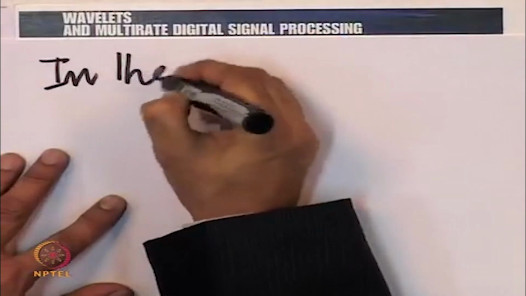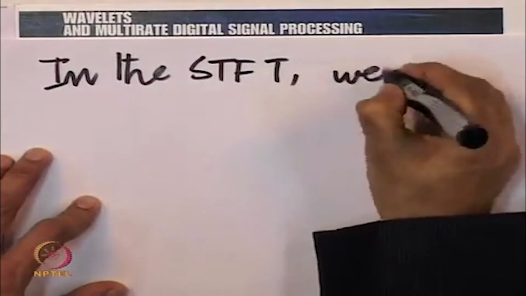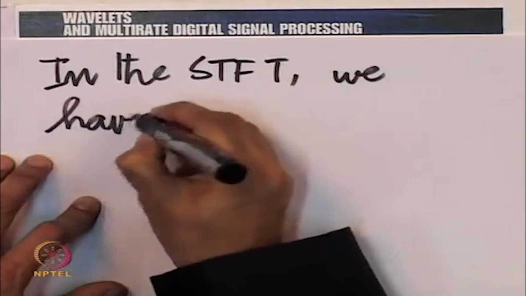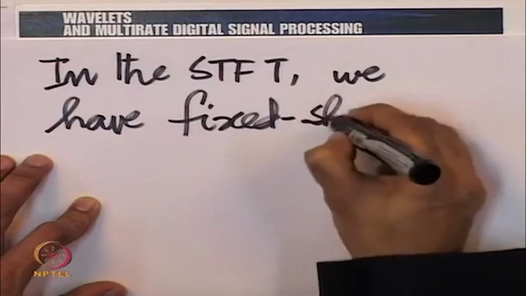So, short time Fourier transform is one way of tiling the time frequency plane. What are the tiles doing in the short time Fourier transform? We must try and visualize them. So, in the STFT, we have fixed shape tiles, you may call them that, fixed shape tiles.